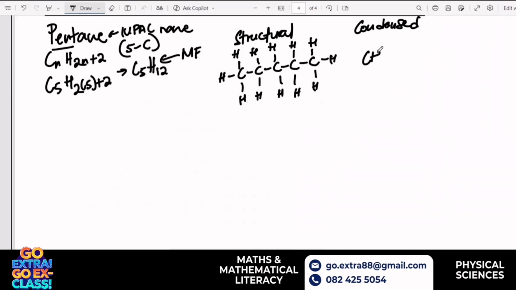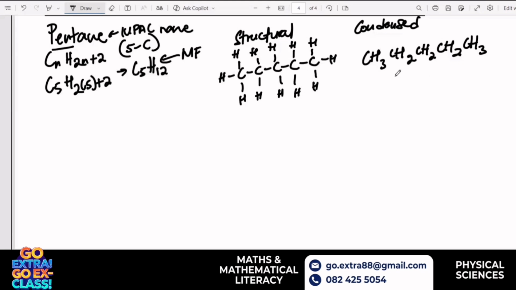That means we're going to write C. The first carbon here is going to be CH3. And the second one is CH2. We have another CH2. There are how many CH2s there? There are 3. Then the last one is going to be CH3. The last carbon here has 3 hydrogens. This is how we're going to write it in a condensed formula.